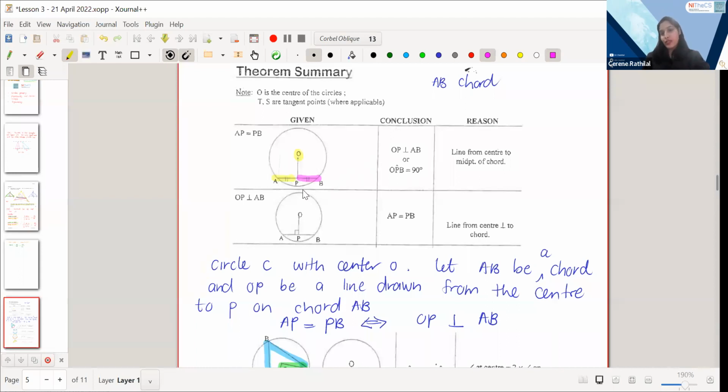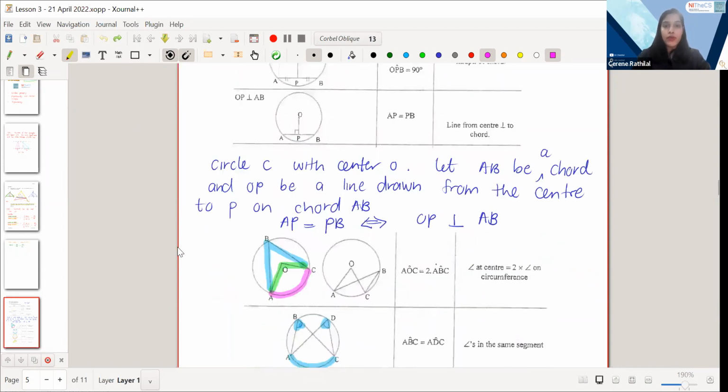And the converse is also true. If I know that OP is perpendicular to the chord AB, then I can conclude that the line is bisecting the chord, meaning that AP is equal to PB. That was just a recap because it might be necessary when we are answering further questions today.